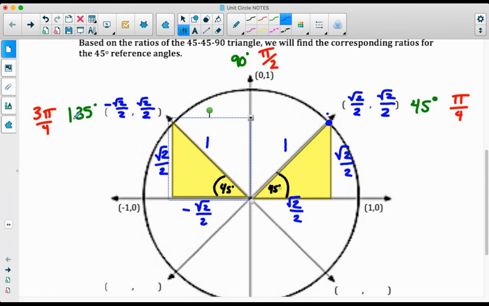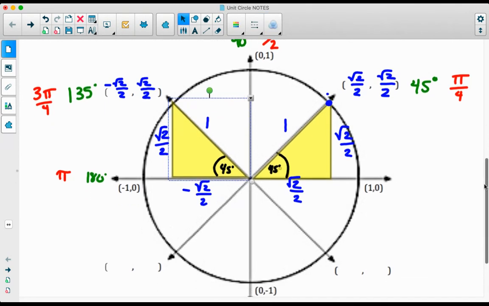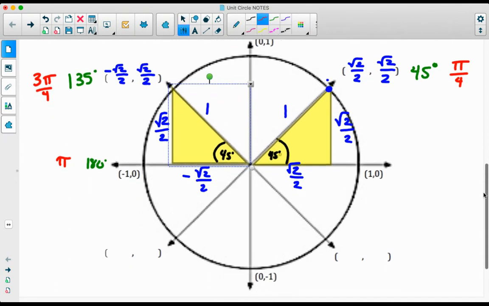As we continue to rotate on our unit circle, out here is going to be 180 degrees, which we all know is pi radians. If you can imagine taking this triangle and flipping it over the x-axis, our 45 degree reference angle is now going to be down here.